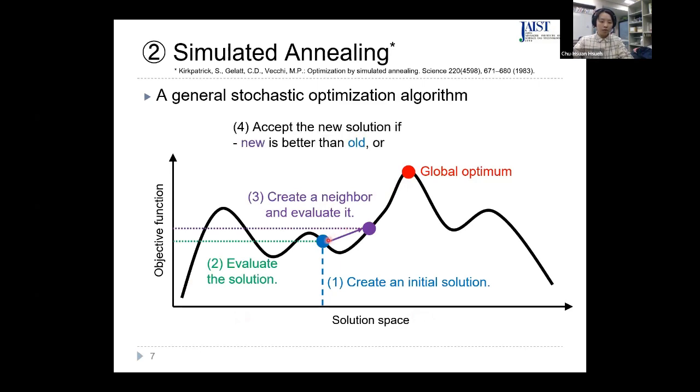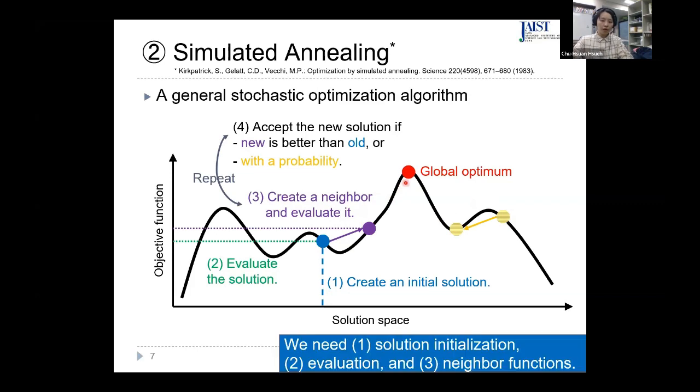If the new solution is better than the old one, we accept the new solution. In some cases, like here, the new solution may be worse than the old solution. But in this case, we accept it with some probability. This gives us chances to escape from local optima. Then we repeat steps 3 and 4, and ideally we will find our global optimum.